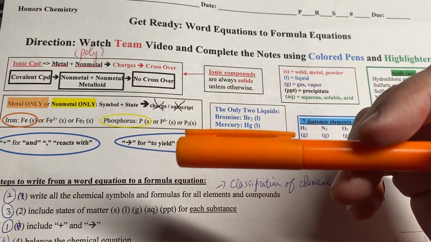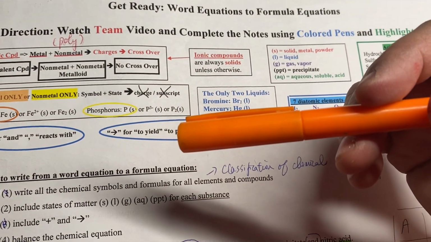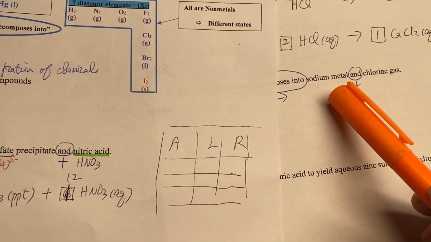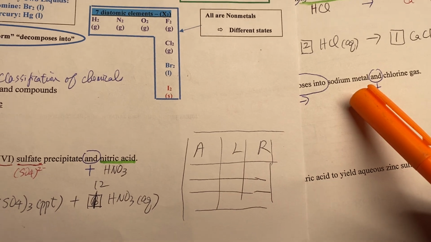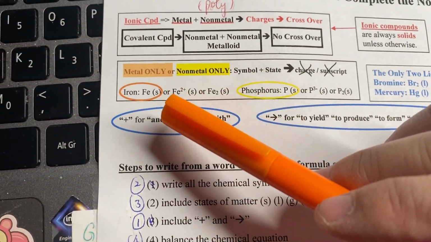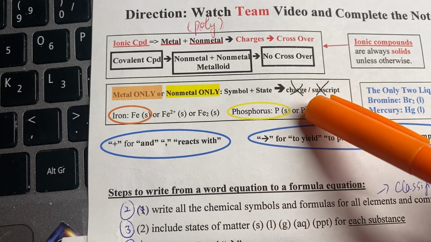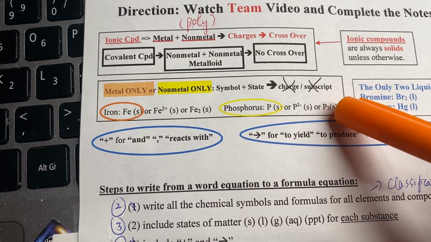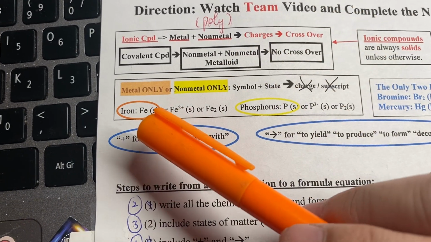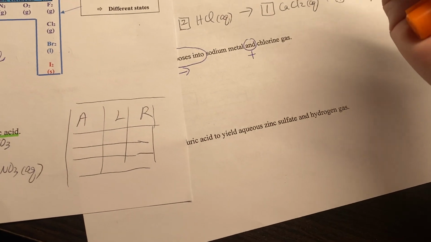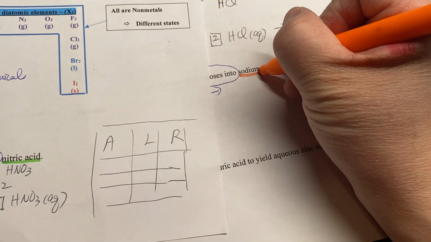Now, if I did not tell you it's a metal, you should also recognize that sodium is a metal. Make sure that you only keep the symbol and state. No charge, no subscript, nothing. Just like iron, I put Fe(s). No charge, no subscript.